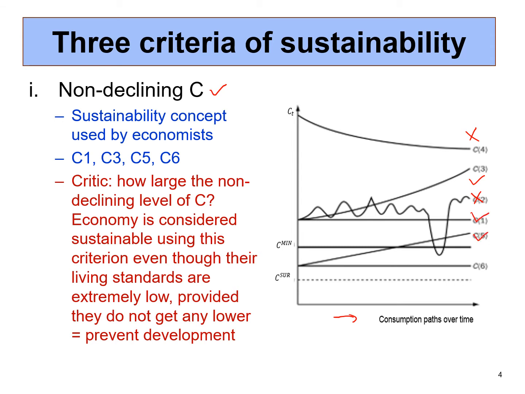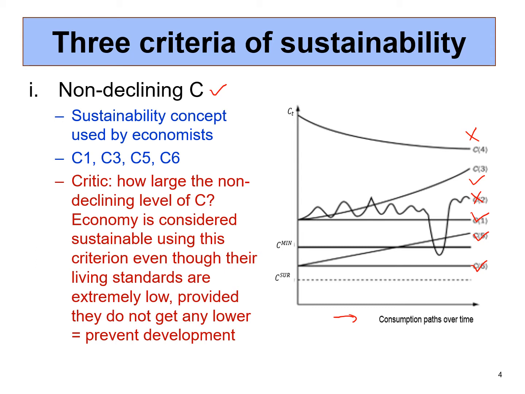The next one, yes, and the following one is yes as well. So based on these consumption paths, numbers 2, 4, 5 and 6 fulfill the criterion of non-declining consumption. Okay, there are some arguments or critiques about this criterion to explain our sustainability concept.